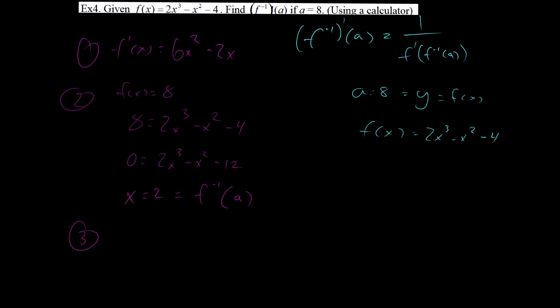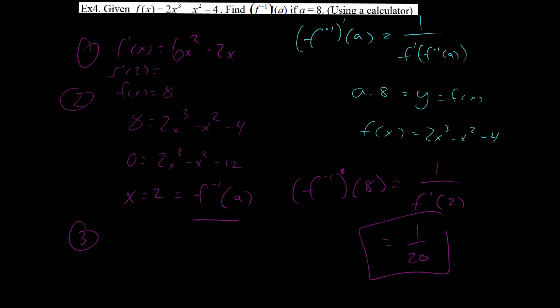Now we just need to find the derivative of our inverse at 8, which is equal to 1 over f prime of that, which is 2. And f prime of 2, we come over here, f prime of 2 is equal to 6 times 4, which is 24, minus 4, which is 20, so it's 1 over 20. Boom, and done.